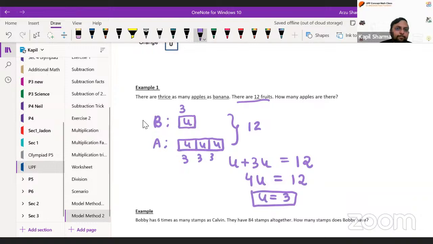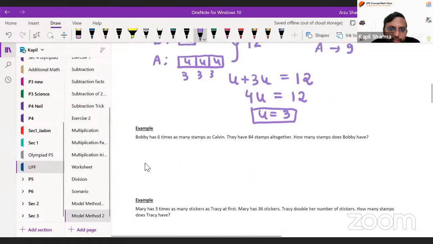Is this clear? Yashika, Swastik? See, bananas are represented by 1 unit and 1 unit is equal to 3. So there are 3 bananas and 9 apples. In total it is 12.